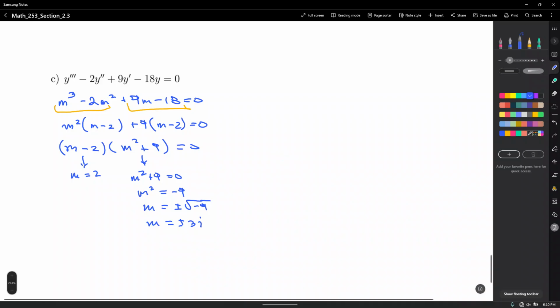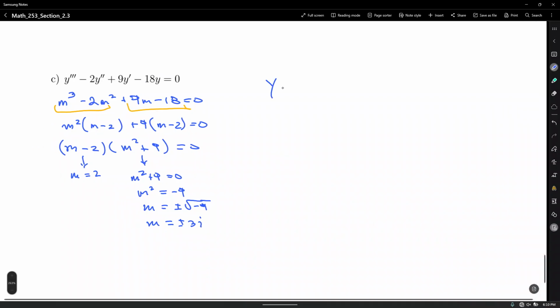So the solution will be y equals c1 e to the 2x plus, here we're going to form a combination of two terms containing a c2 and a c3 to combine with the imaginaries.